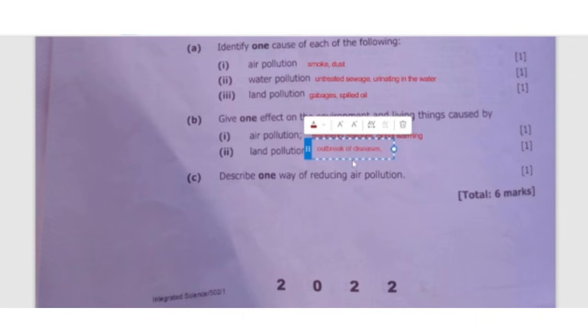Like in the rainy season, when cholera is likely to break out, you see people cleaning the environment, because if the environment is dirty, that means cholera will easily break out.